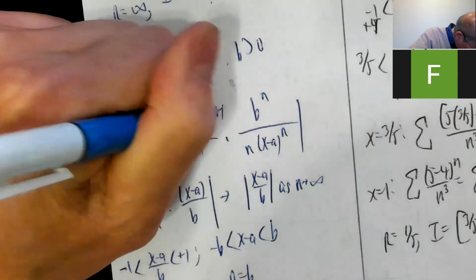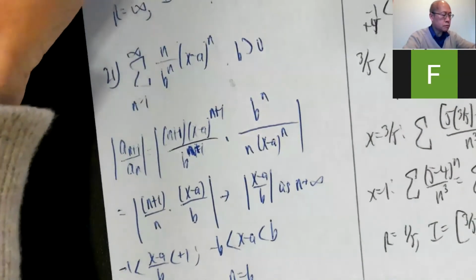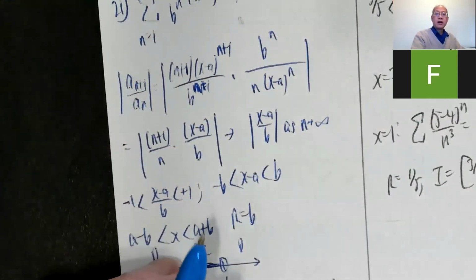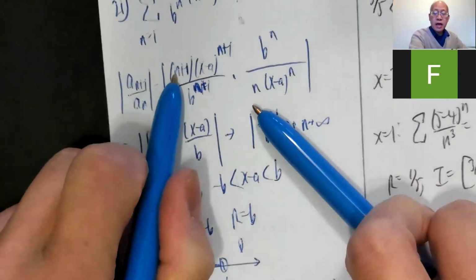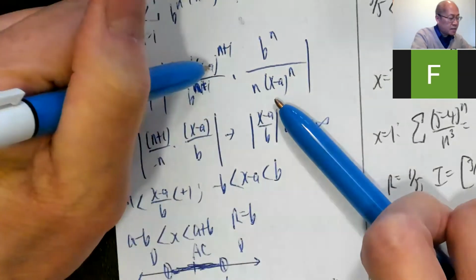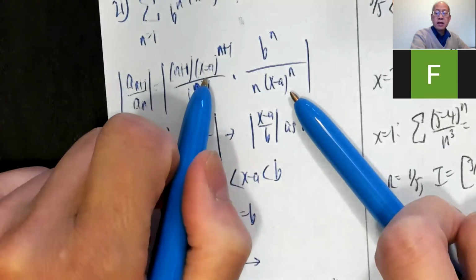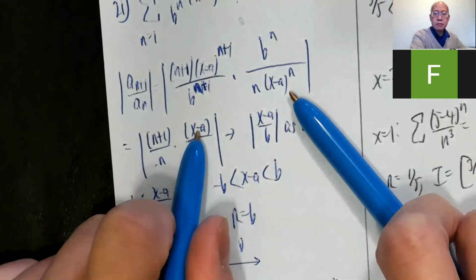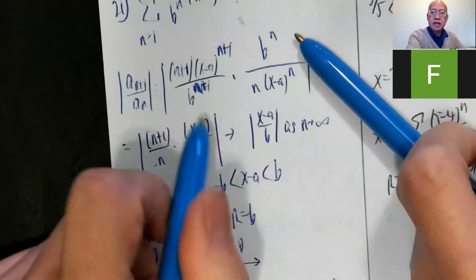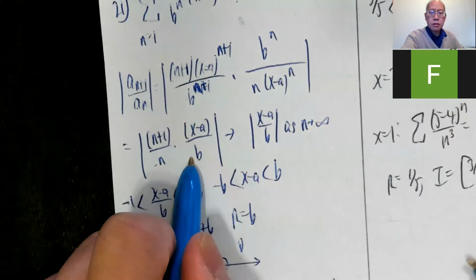That's a little bit bad there. That's an n plus 1 also. Anyway, okay, n plus 1 over n. Look at the x minus a stuff. These two. So I have x minus a on top. Then look at the b stuff, b to the n plus 1. I have a b in the bottom.